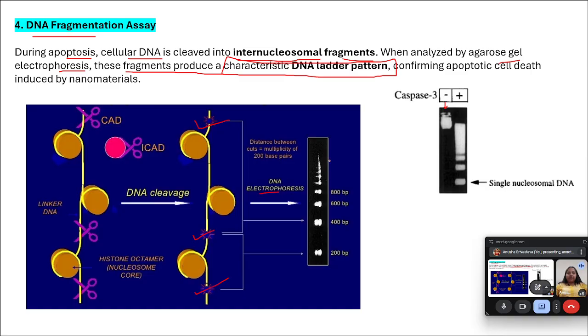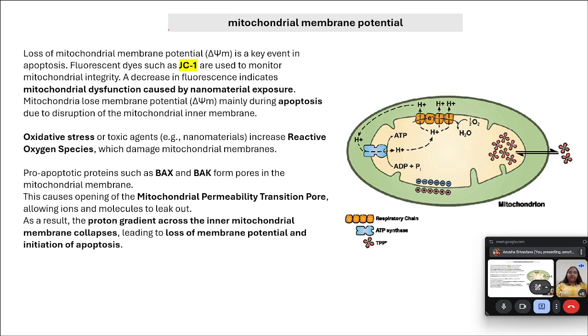Once you do the DNA electrophoresis, you'll find a characteristic ladder pattern with which you can determine the difference between intact DNA and the cleaved DNA, right? So this is again one of the methods by which you can verify that apoptosis has happened, DNA fragmentation has happened.